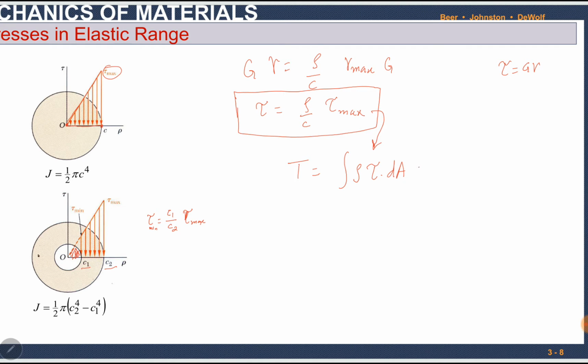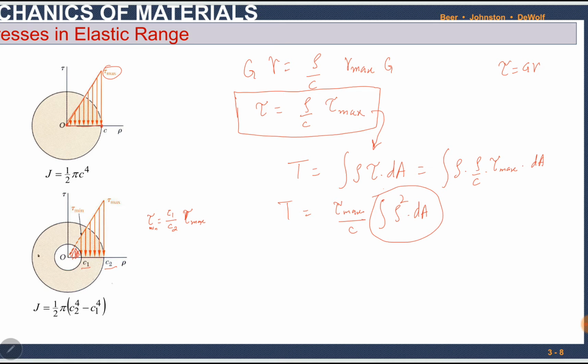It will be the integral of rho times rho over C times tau maximum times dA. Tau maximum is constant, C is constant, so it will be the integral of rho square dA.